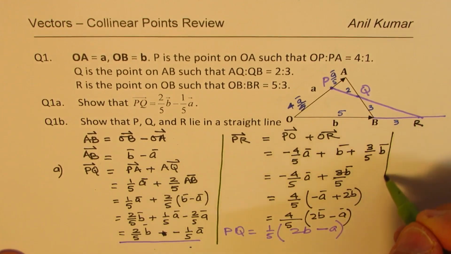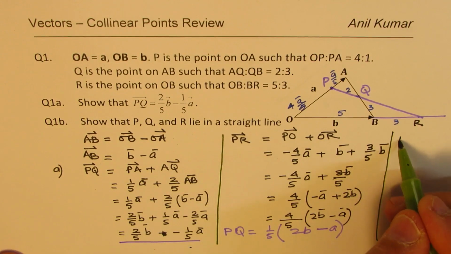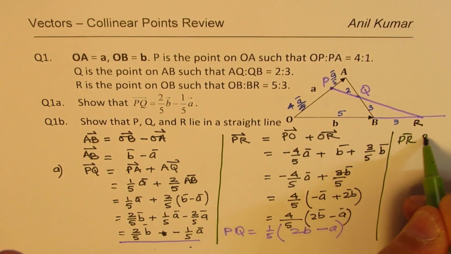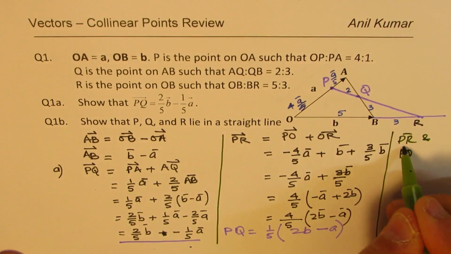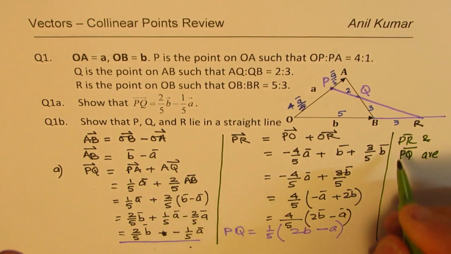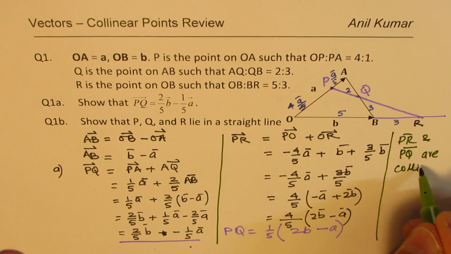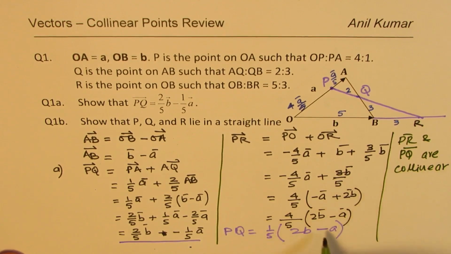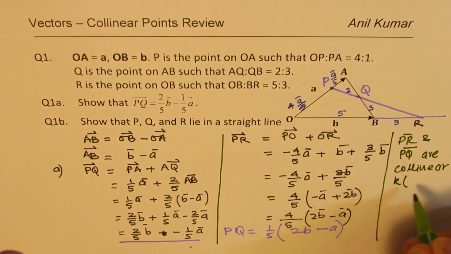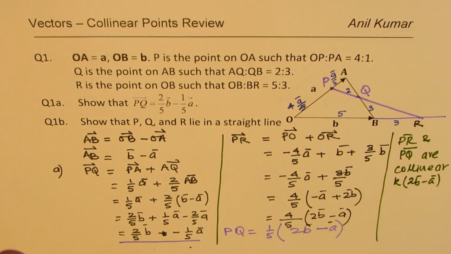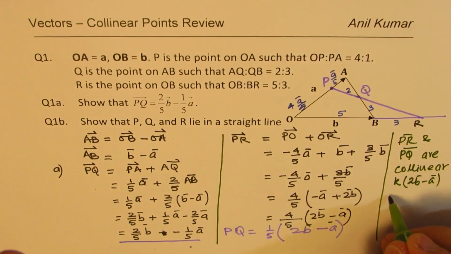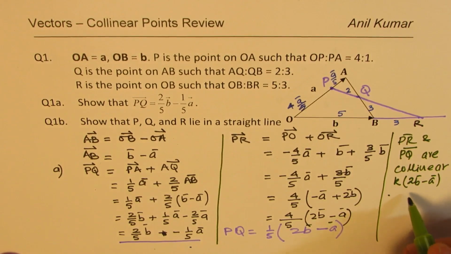So what we have shown here is that both PR and PQ are collinear. Correct? They are in the direction of 2B minus A. Correct? These are the vectors. Also, we have the second point, and that is P is a common point.